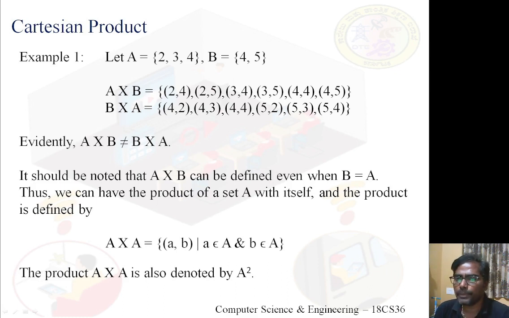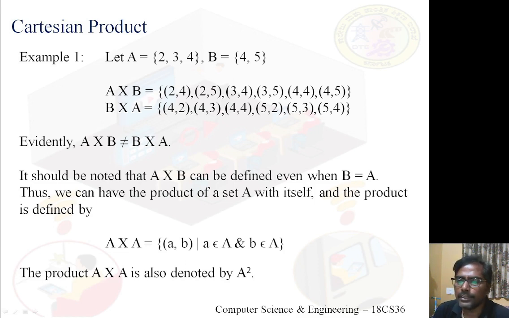And for each of these possible values assigned to element a, there are two possible values for element b, that is 4 and 5. So A cross B consists of the ordered pairs (2, 4), the next ordered pair (2, 5), the next (3, 4), the next (3, 5), the next (4, 4), and the last ordered pair (4, 5).